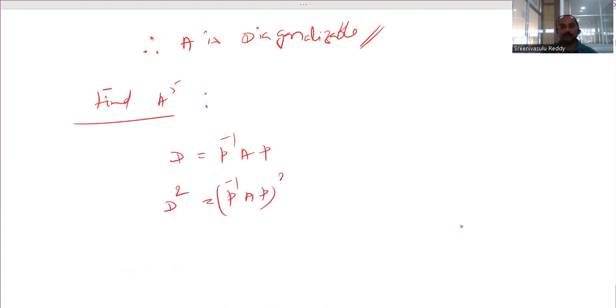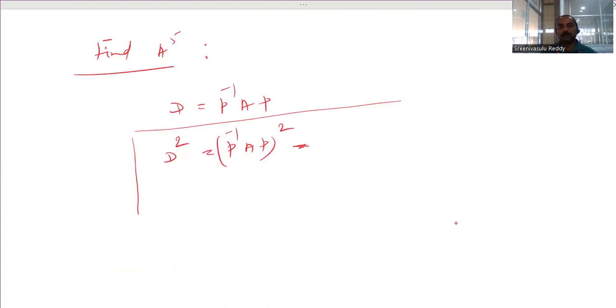No need to write down this process from the examination point of view. For understanding purposes, I am writing. Finally, we realize that it equals P inverse AP into P inverse AP. P P inverse is the identity matrix.